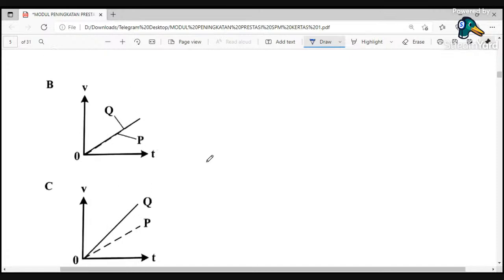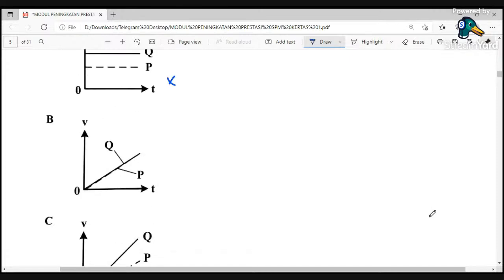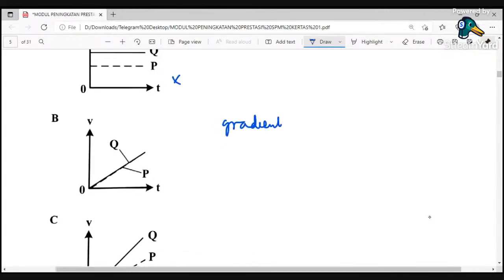For this graph VT, remember gradient equals acceleration. So if the two steel balls fall with the same acceleration, the graph must have the same gradient. Okay, kecerunan dia mesti sama.